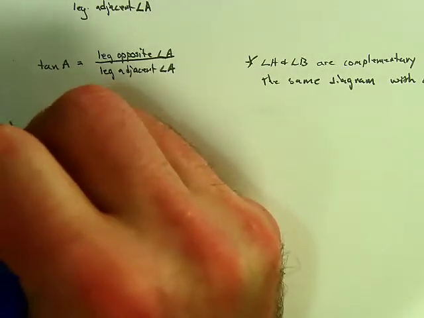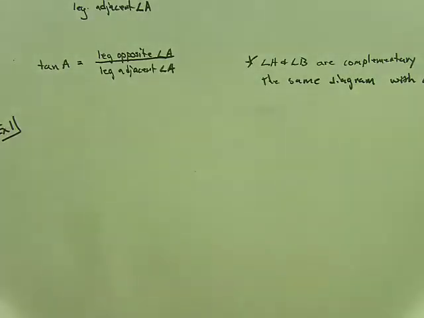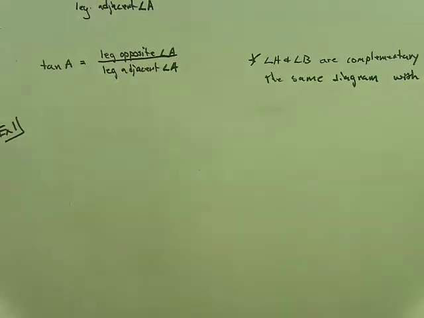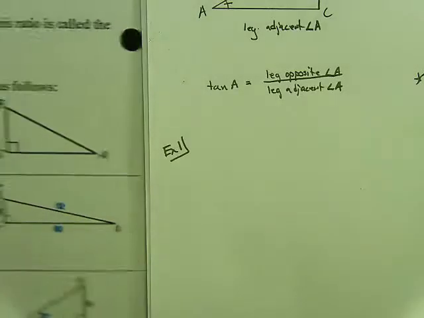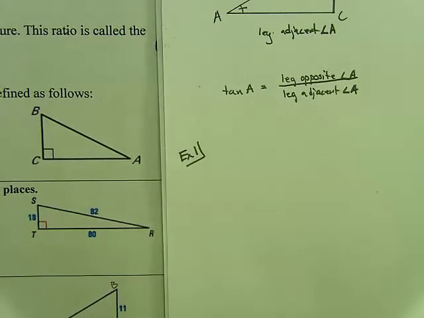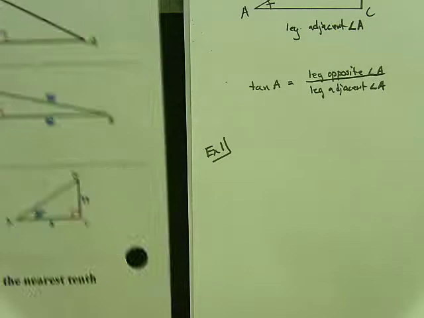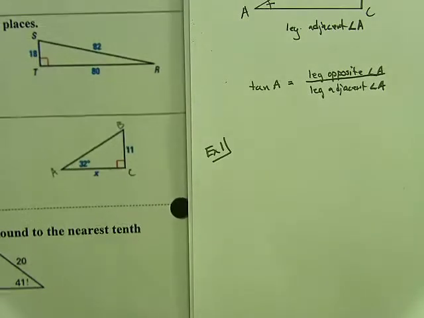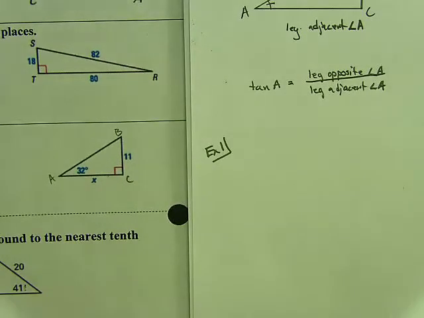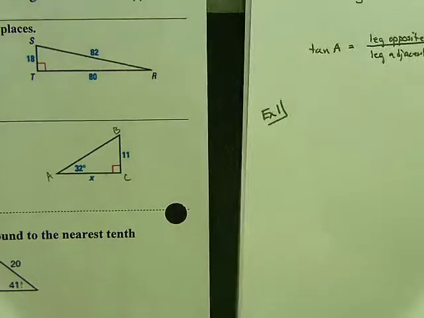So example 1. And in example 1 it says, find the tangent S and tangent R. Write each answer as a fraction and as a decimal rounded to 4 places. Okay. So in example 1, here we have our diagram, triangle STR, and we're going to find the tangents of each of these angles.